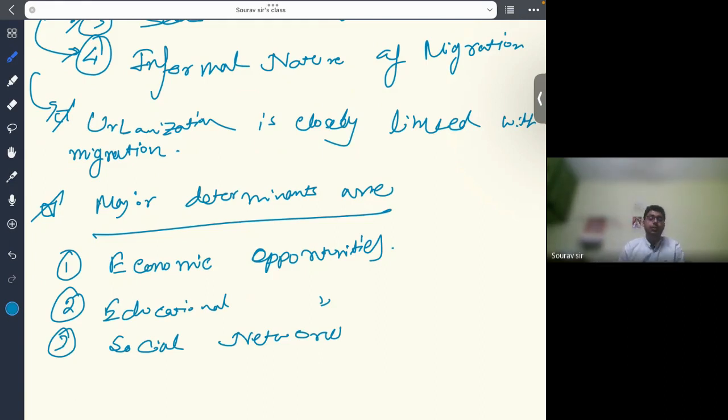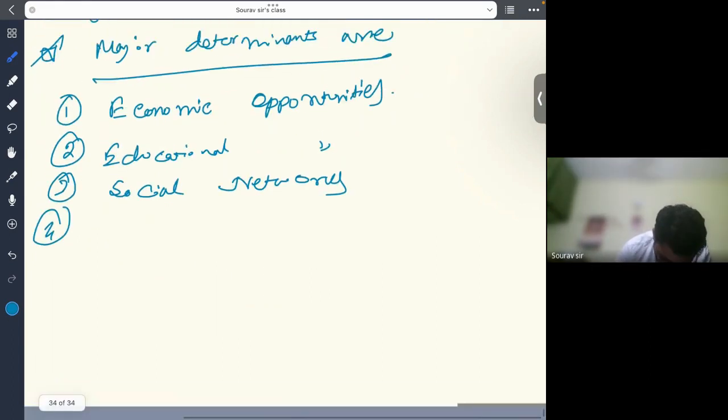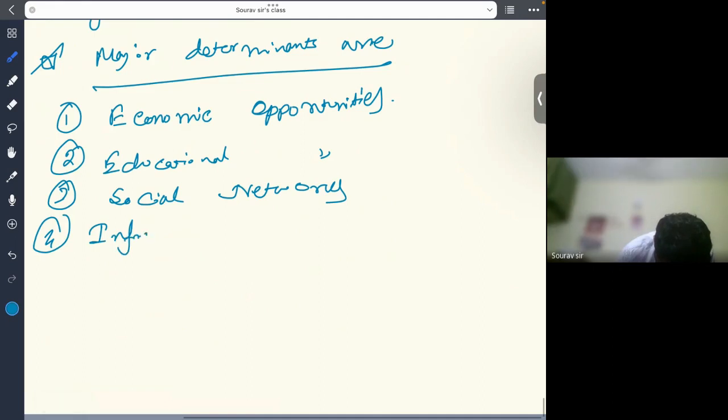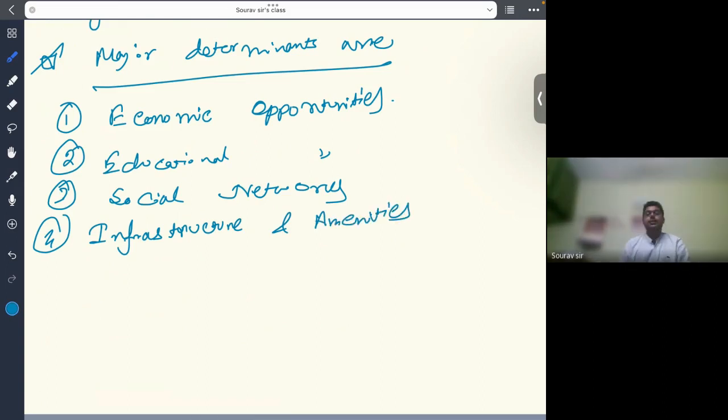Another thing is the infrastructure and amenities, that is, access to better infrastructure and amenities such as healthcare, housing, and transportation can be a factor in attracting migrants.